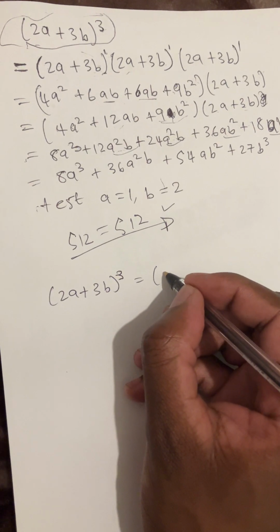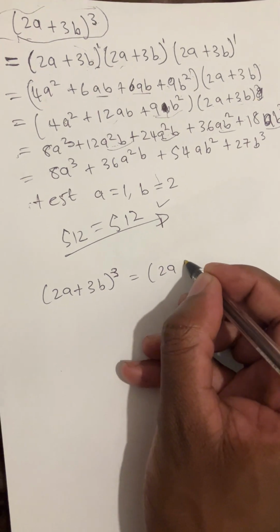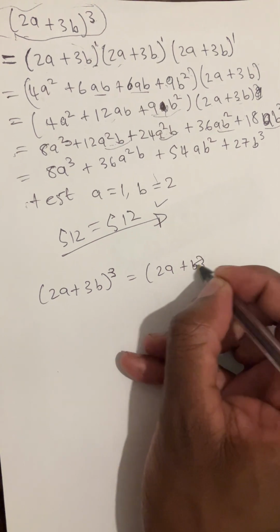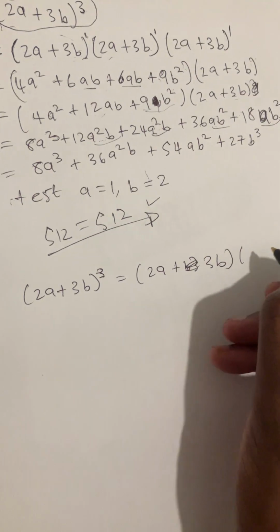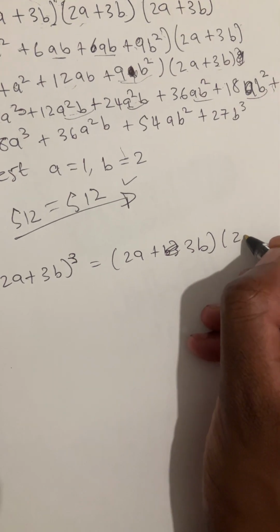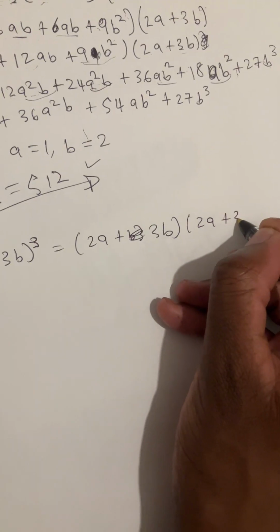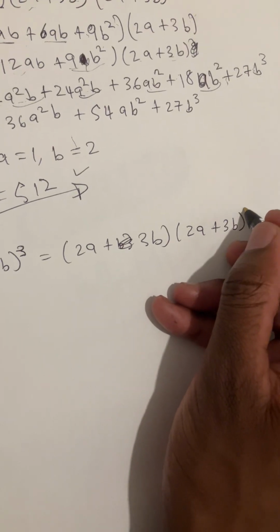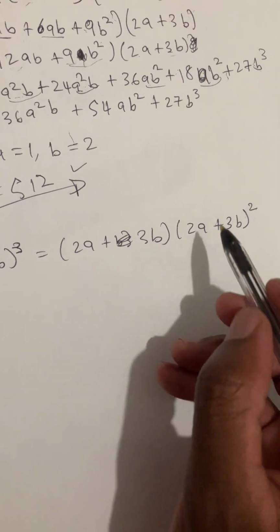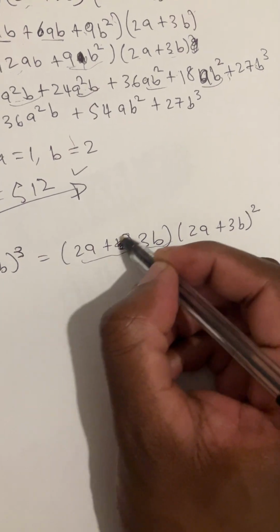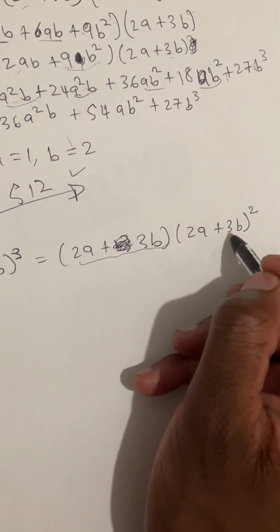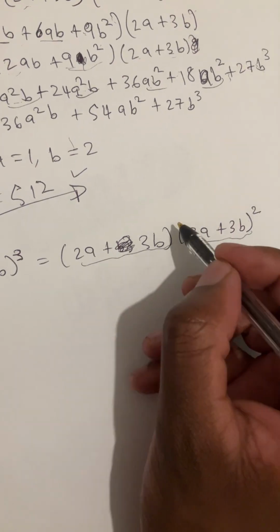You can just make this simple by saying 2a plus 3b, and we put 2 here as the power instead. So this way, if we regard this whole thing here as x, for example, then this whole thing also has x.